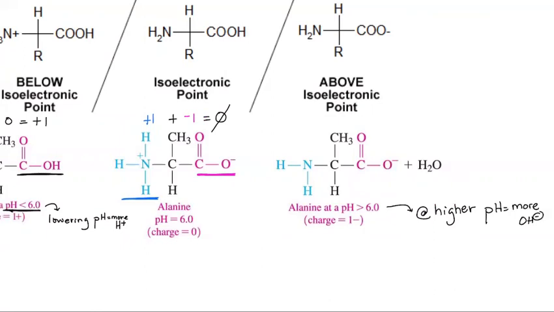And OH minus is going to be a base. Now, what portion of the molecule gets affected? The ammonium. Because now it's going to lose a proton and it's going to become an NH2.